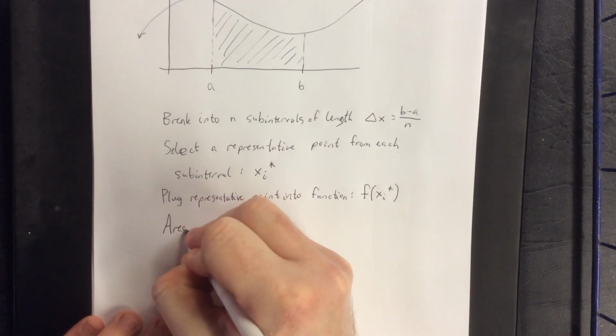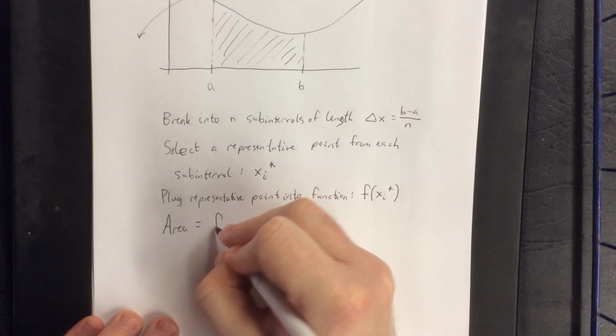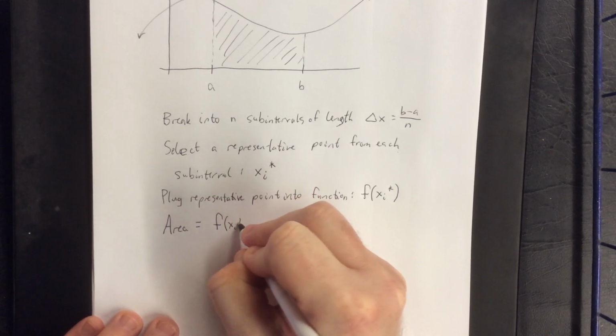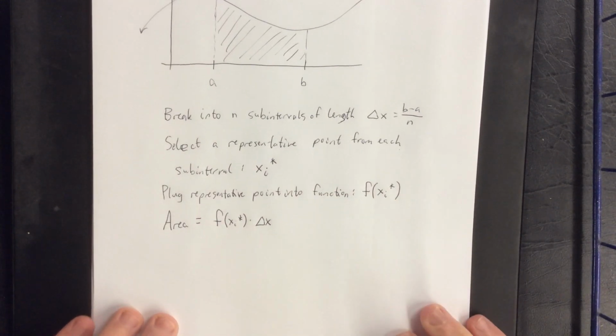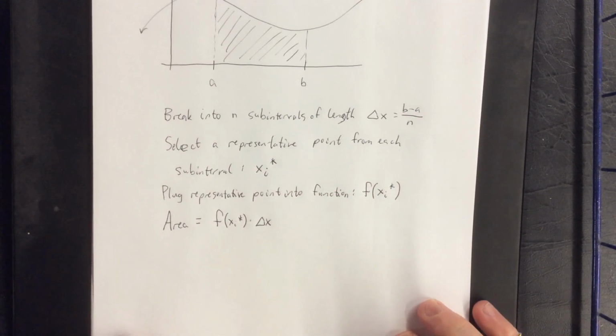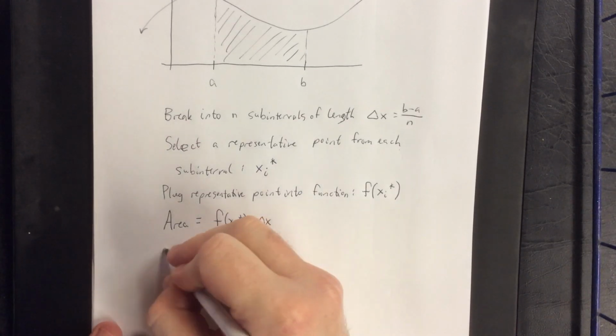The area of that representative rectangle is going to be f of x sub i star, that was the height, times the length of the base. Then we added all of those up, got a left-hand approximation, a right-hand approximation, or a midpoint approximation, and we added all of those areas up.